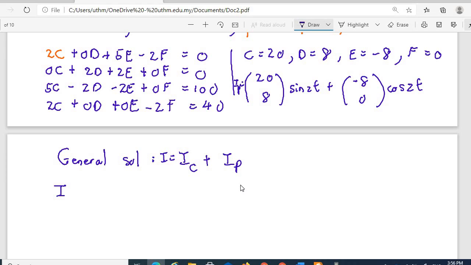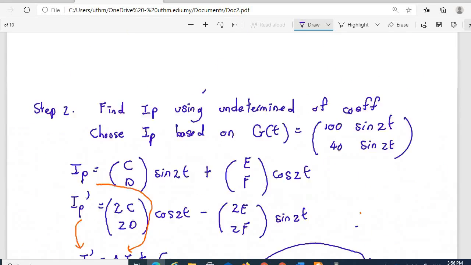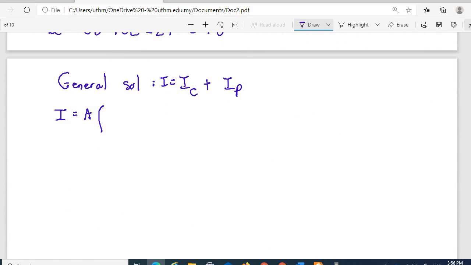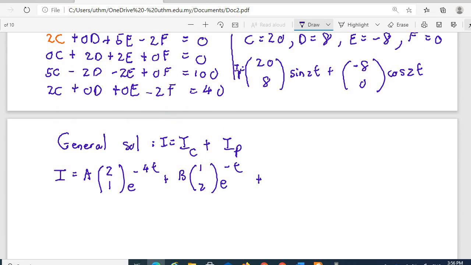So now we have A 2 1 e to the negative 4t plus B 1 2 e to the negative t. Your IP, okay, so obtained here 28 sin 2t plus negative 8 0 cos 2t. So this is the general solution.